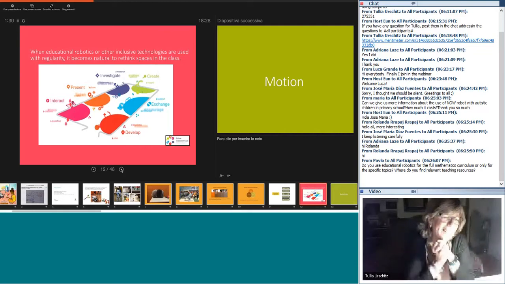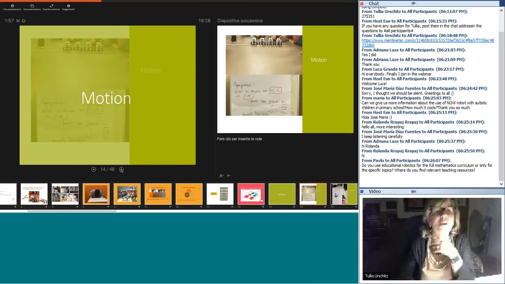We can think anyway to work with desks in islands, or to have some places in the class to present, interact, investigate. So to define different corners in the class.